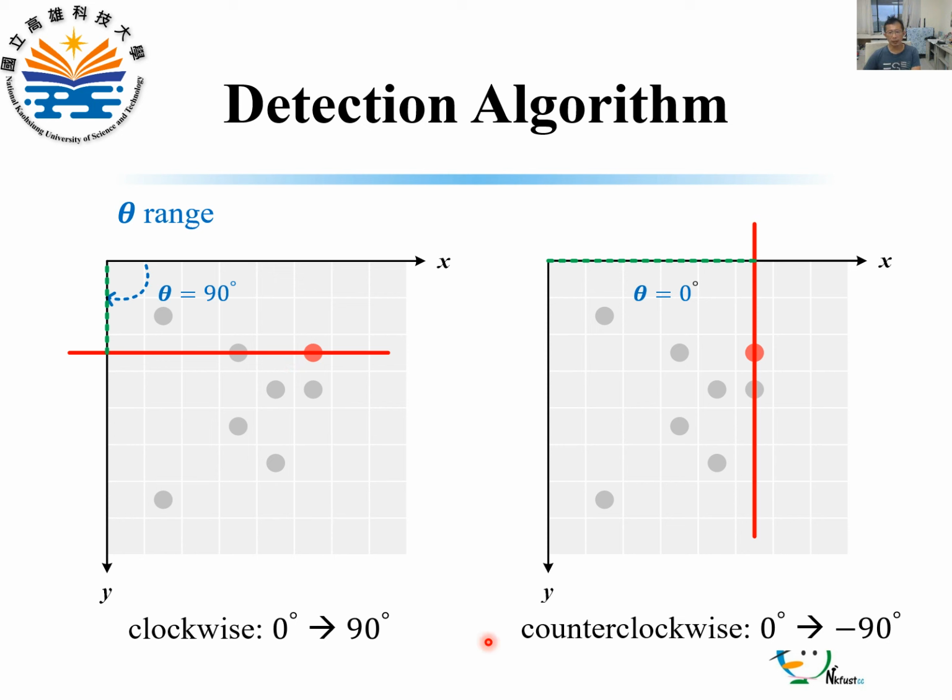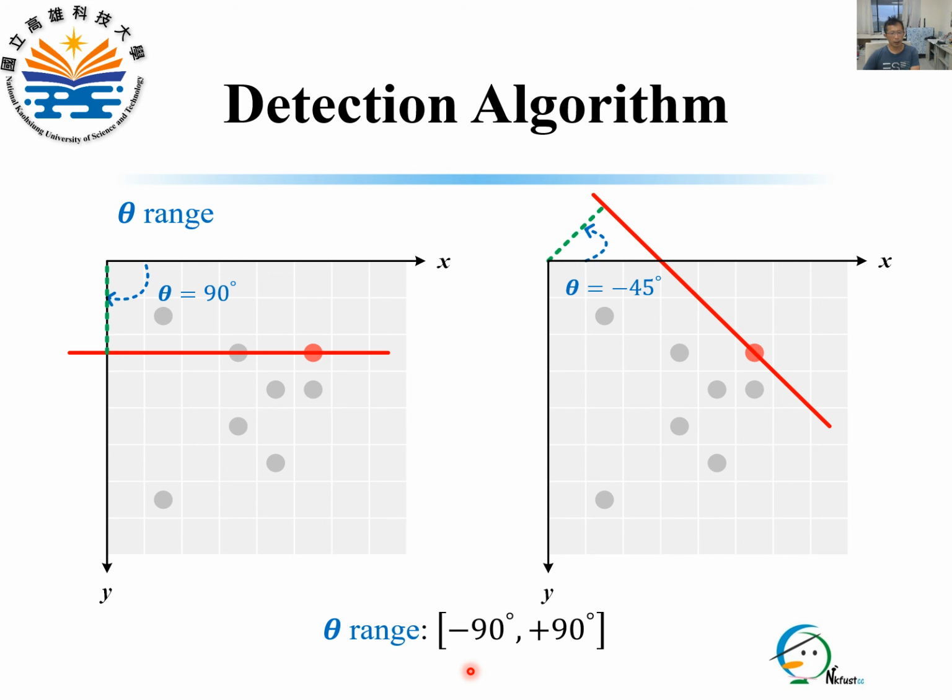In the counterclockwise direction, the range of theta is from 0 to minus 90 degrees. This line shows the case of theta equal to minus 45 degrees. Putting them together, theta is in the range from minus 90 degrees to plus 90 degrees.